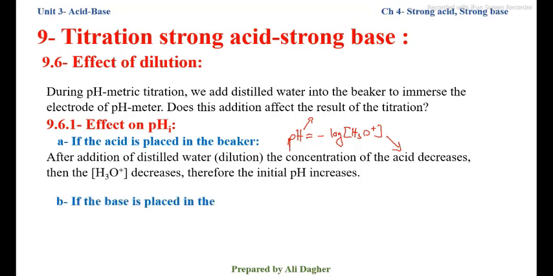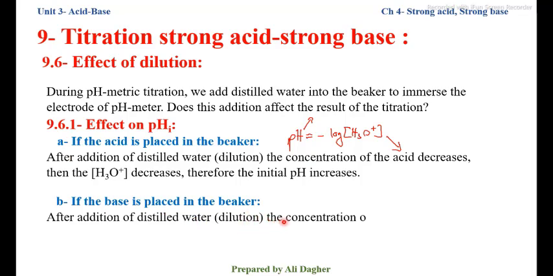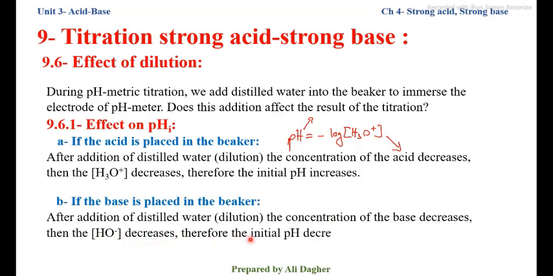B, if the base is placed in the beaker, the same, after addition of distilled water, dilution, the concentration of the base decreases, then the concentration of HO minus decreases, therefore the initial pH decreases. Why?